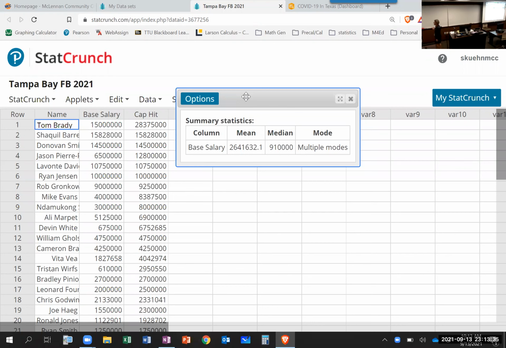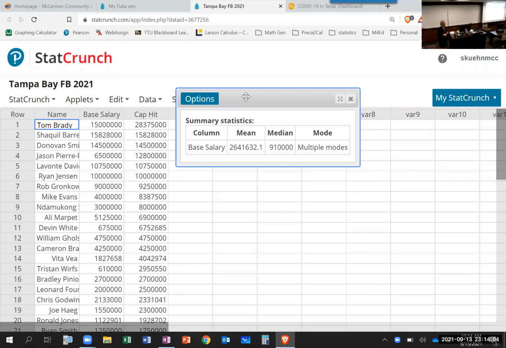The median, however, was what? 900,000 or 0.9 million, if we wanted to compare the two. Okay. So what we're looking at here is an average for the football players of 2.6 million versus the median of 0.9. Leave it at that.